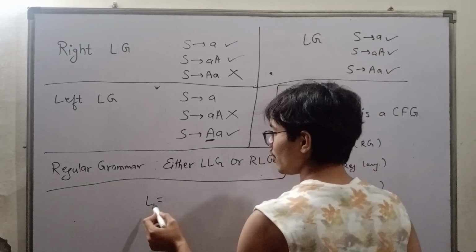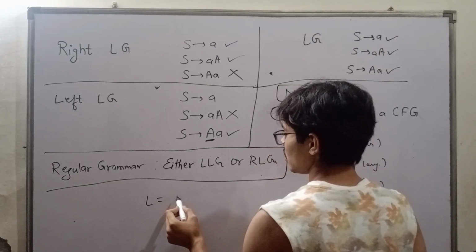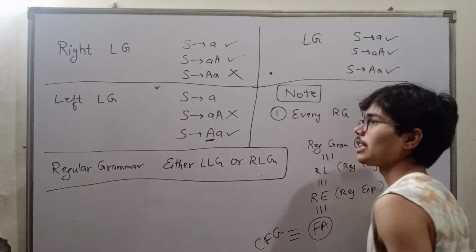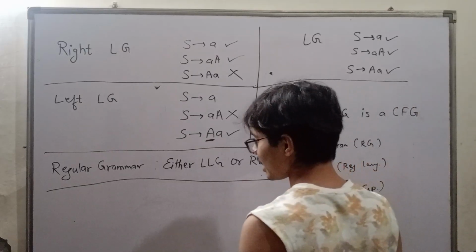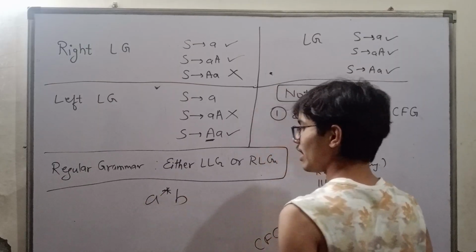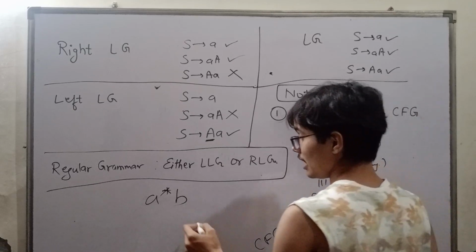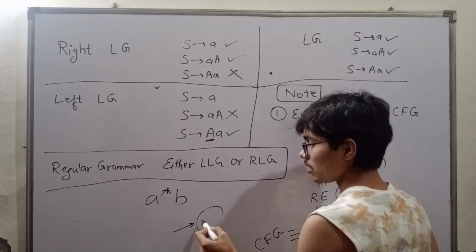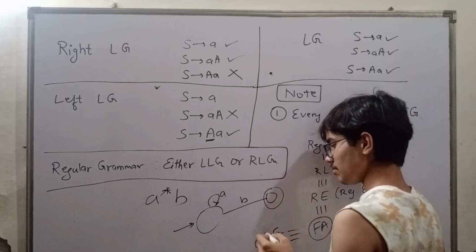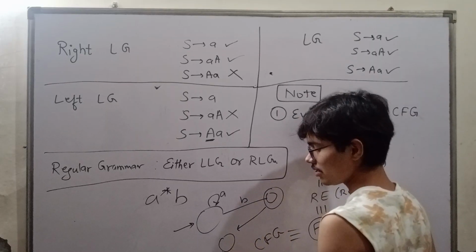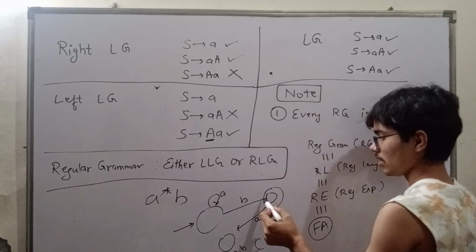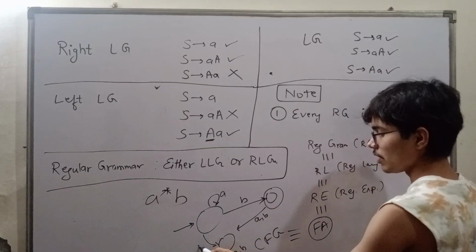If I take a language like A star B, a regular expression, I can make a DFA here: on A stay, on B go to the next state, then a dead state for AB, or if B comes first.